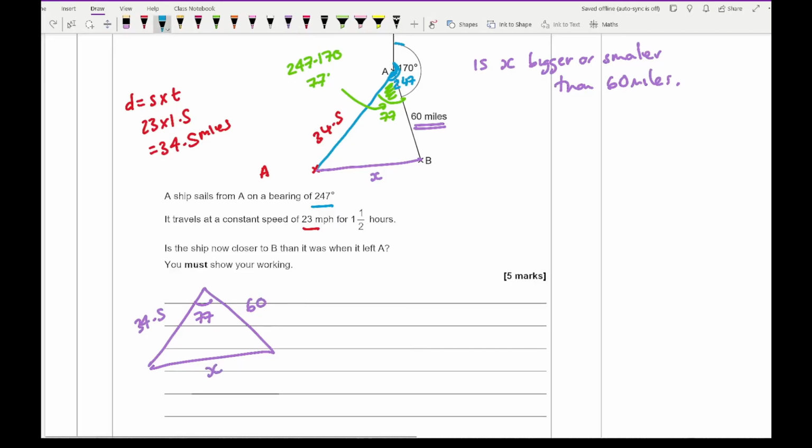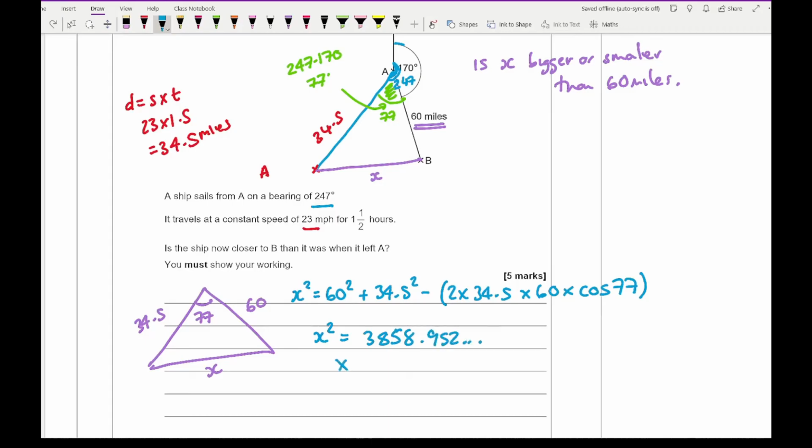I'm going to be using the cosine rule. So X squared equals 60 squared plus 34.5 squared minus 2 lots of 34.5 times 60 times cos of 77. Now if I type that all into my calculator, I get an X squared value of 3858.952, and an X value, if I round that up, is 62.120.